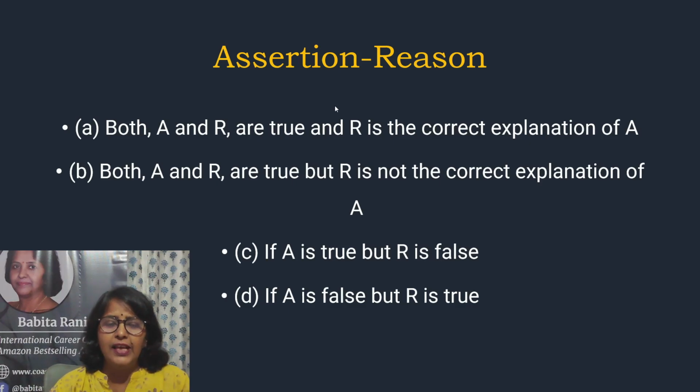Add "because" in between assertion and reason statement, and if you think that statement is correct, then you can mark it as A, or write "if" before assertion, and if the sentence seems to be correct, you can mark it as A. Otherwise, B will be the option. Let us see a few examples, then you will understand it better.